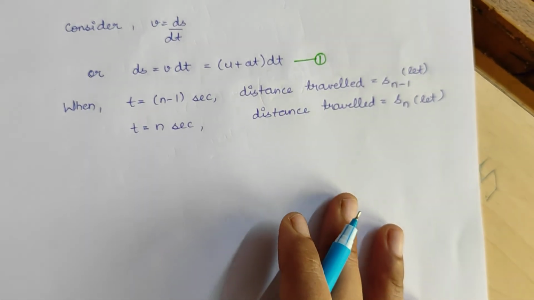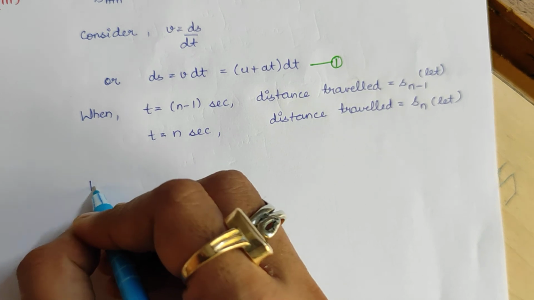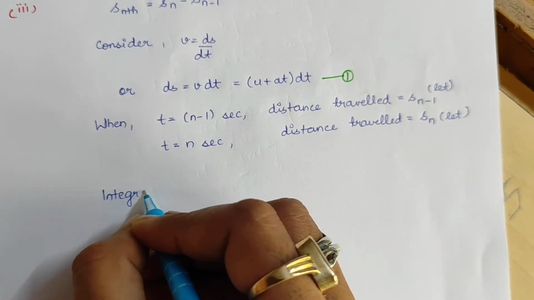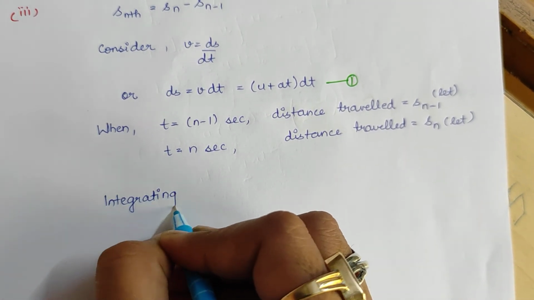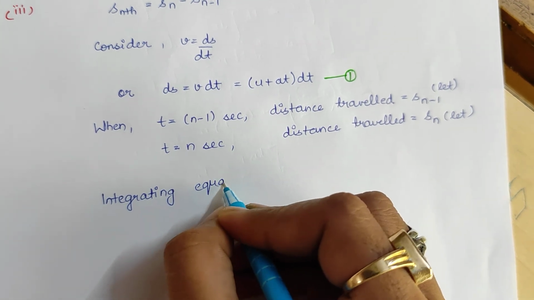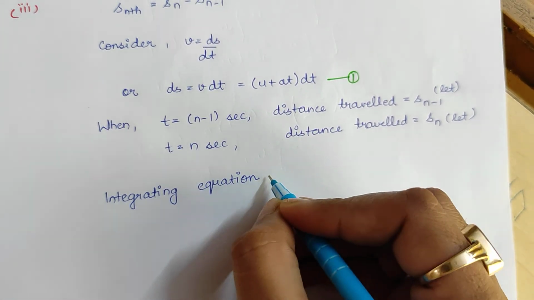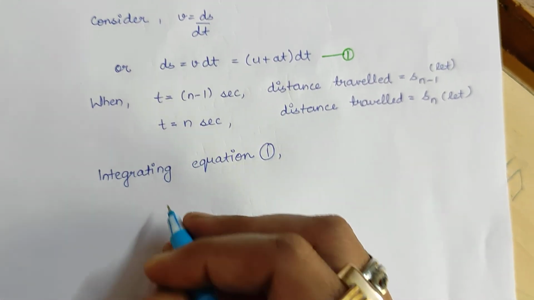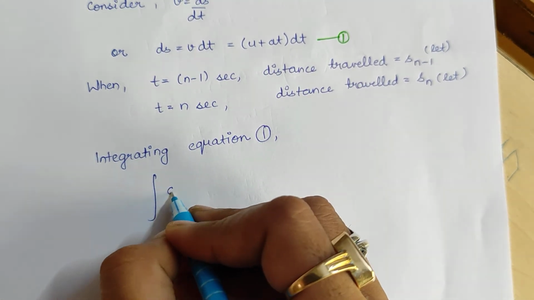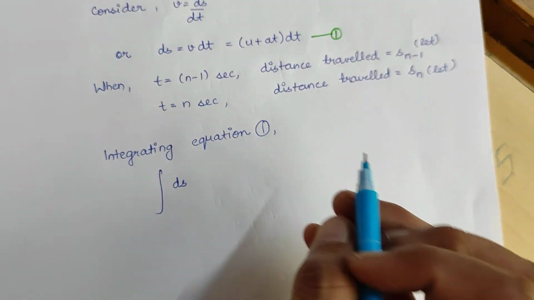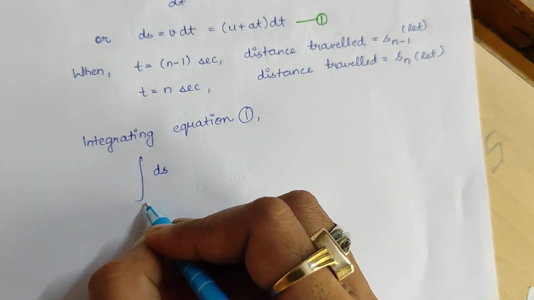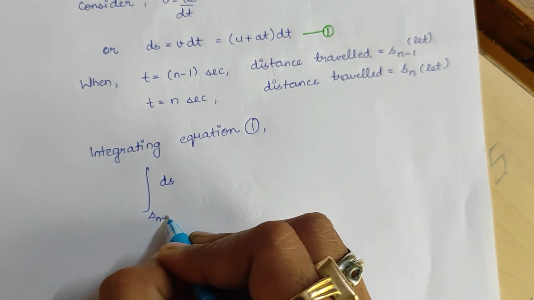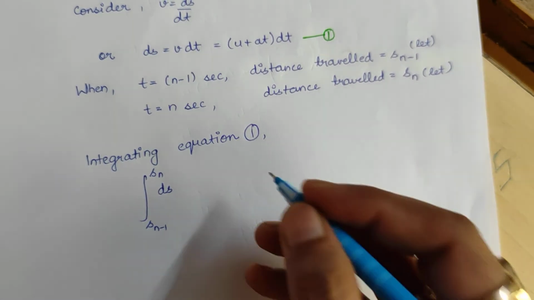Now integrating equation 1, what will we get? The limits will be Sn minus 1 to Sn.